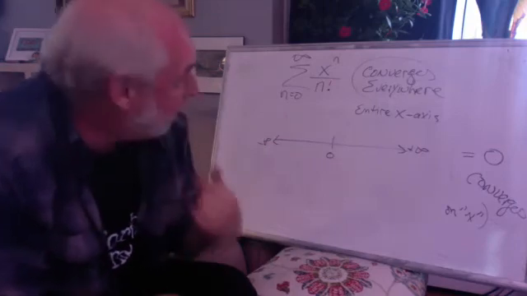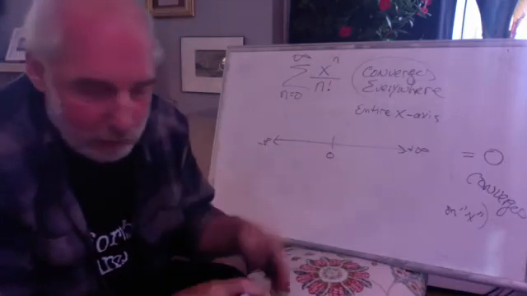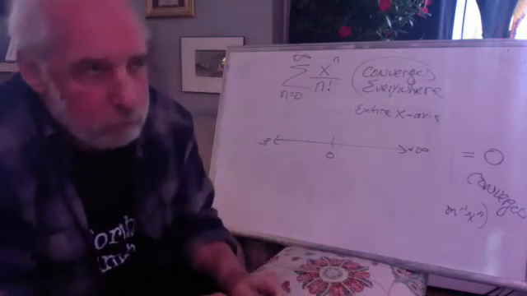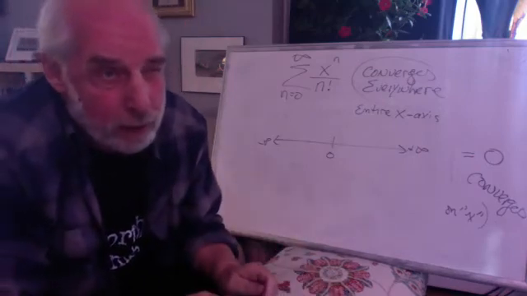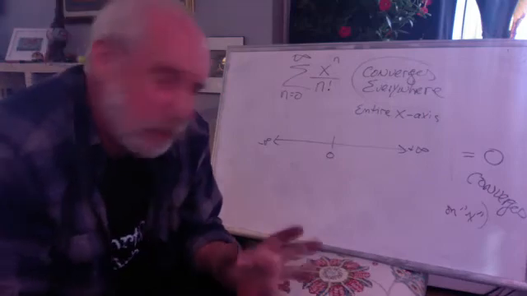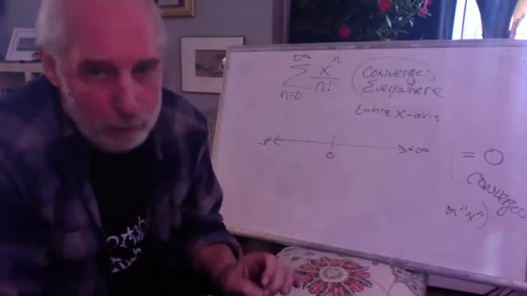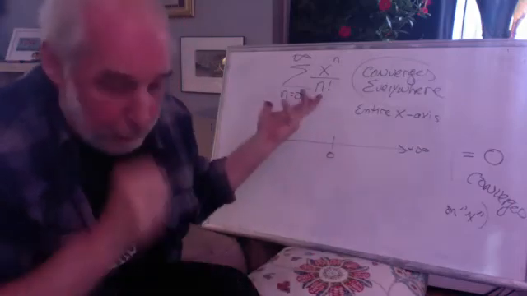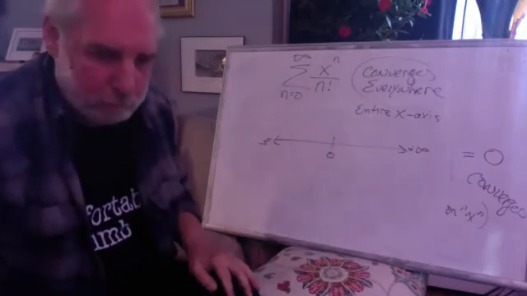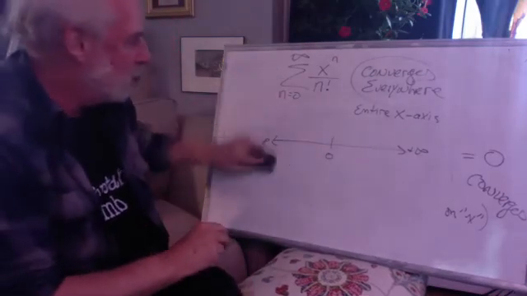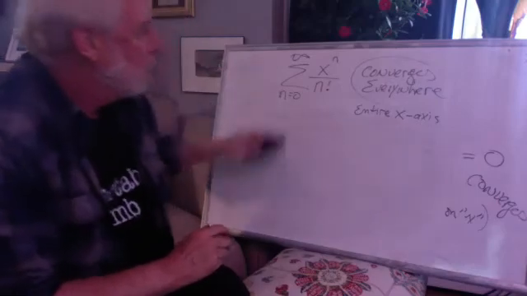Now, I picked this problem for a particular reason. Next Tuesday, I think, we're going to talk about something called Taylor and Maclaurin polynomials, power series. They are a particular kind of power series. This power series here that I've just shown you, anybody recognize that?